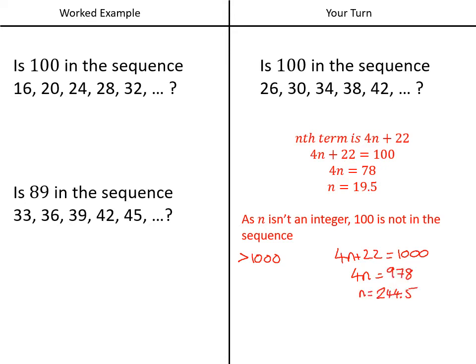Now n has to be a whole number, so it'd be the 245th term. Plugging n equals 245 into my nth term tells me that comes out as 1002. It's the first term above 1000.